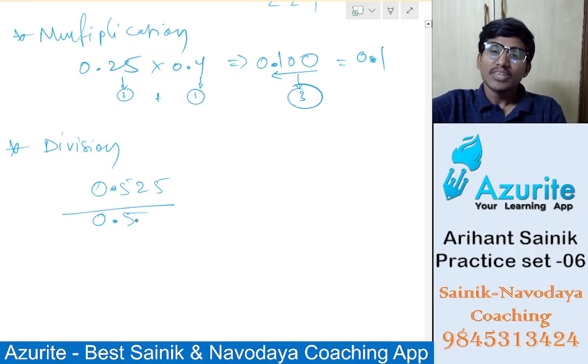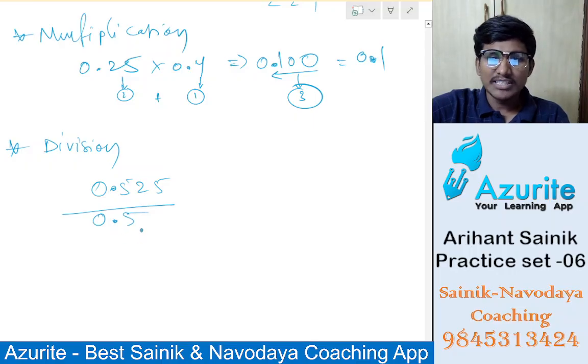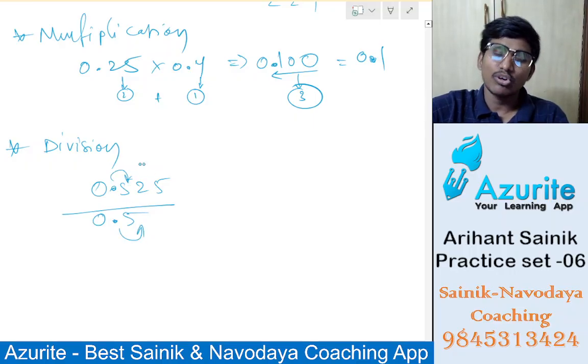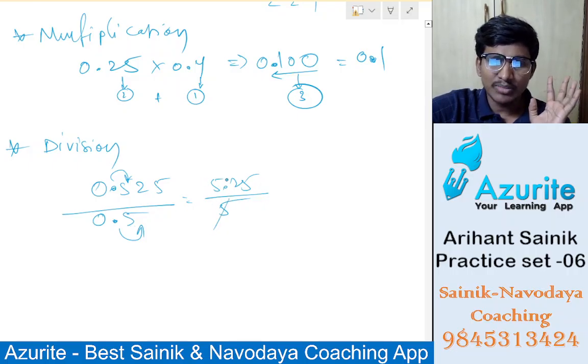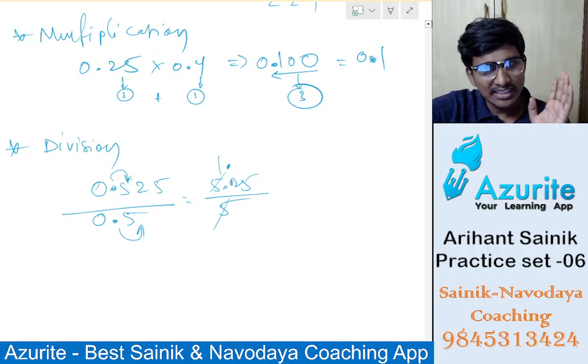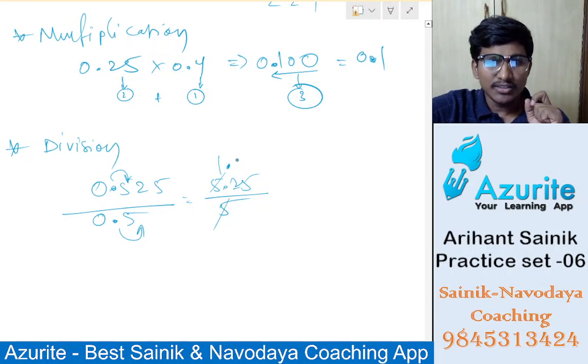We have to shift 1 decimal place here also. So it will be 5.25 divided by 5. In the denominator there should be no point so we can divide, because we don't know the 0.5 table, we know the 5 table. So 5 ones are 5, and put the decimal point at the same time. 2 is smaller, so we take 0, then 25, 5 fives are 25.